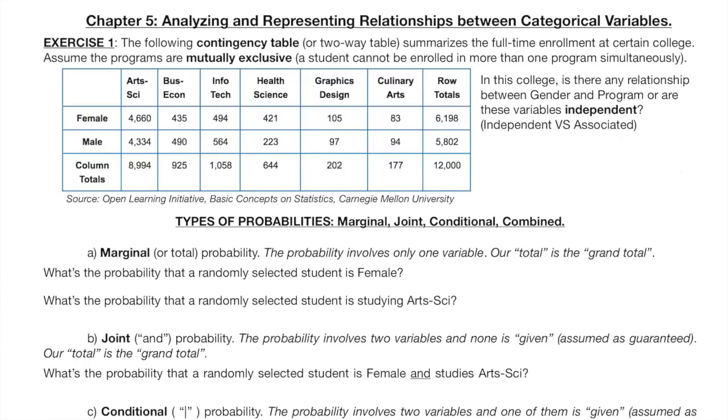With the information contained in this table, we can answer the question: is there any relationship between gender and program, or are these variables independent? In this context, independent means no relationship, and is the opposite of associated. We asked and solved the same question for numerical variables. Remember when we wondered, is there any relationship between age and visibility distance?